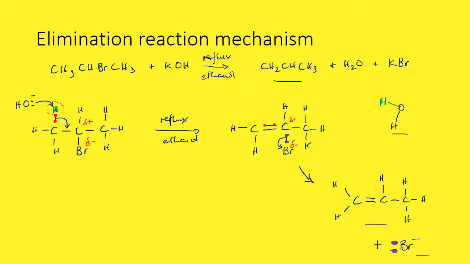Usually when you're writing it in an exam, you would put your 3 curly arrows on the one molecule, which I'll show you an example of in a minute. So if you did that, you would actually go straight from this step here to the final molecule, like so.